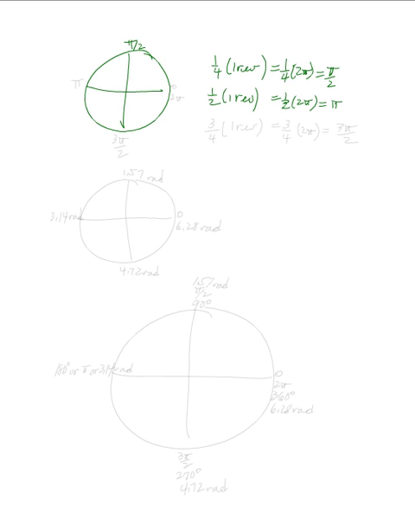So pi radians here. And then 3/4 of a revolution is going to be 3/4 of 2 pi, or 3 pi over 2. So of course, starting at 0 here, you can move all around the circle, and then when you come back full circle, you're at 2 pi.